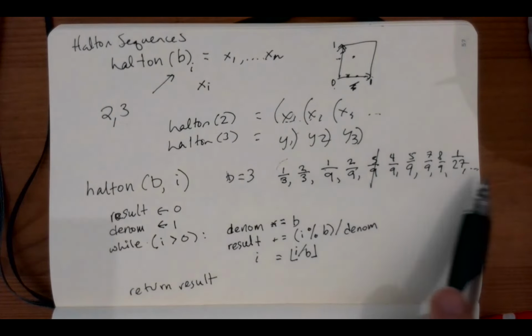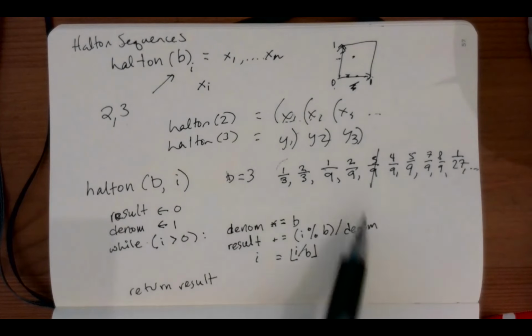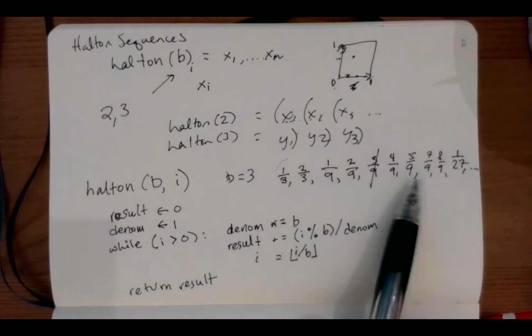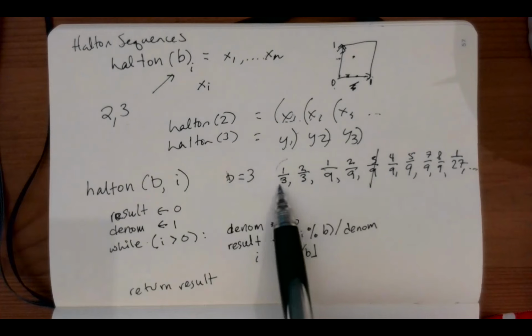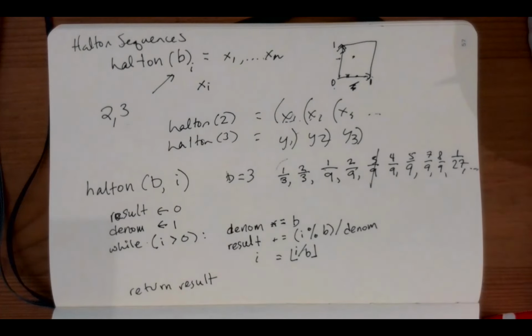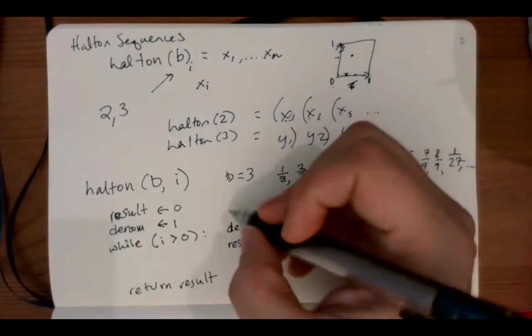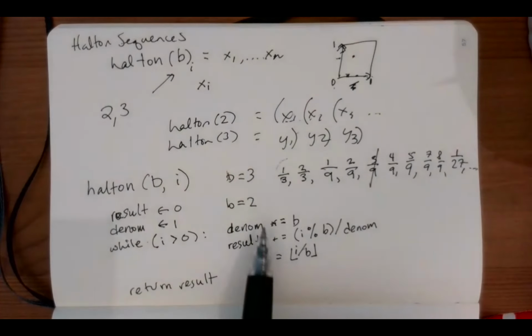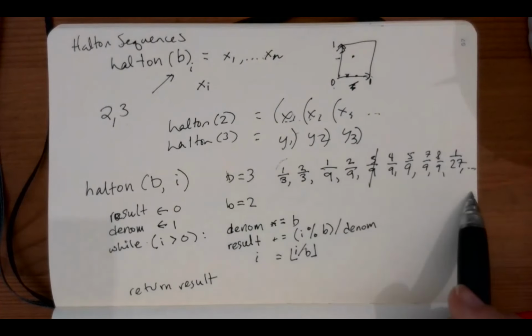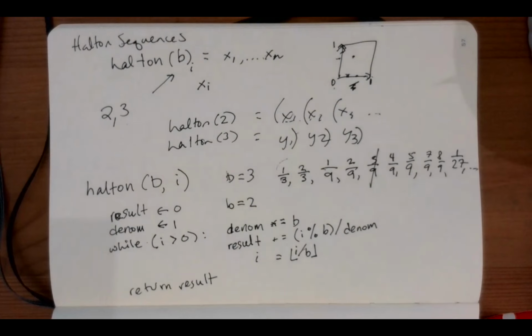You don't have to apply the algorithm strictly; if you think of it in this intuitive way, that's also fine. If b equals 2, what's the sequence going to be for the first, say, 10 numbers? I'm going to put 5 minutes on the clock now. You can pause the video if you need more time, and then we'll check back in once that's done.